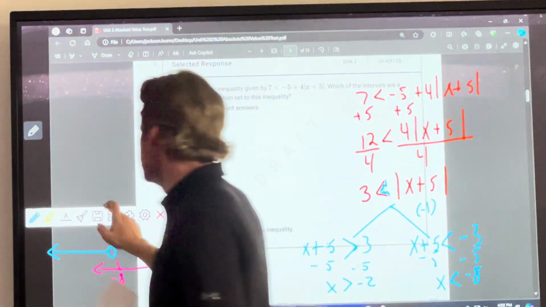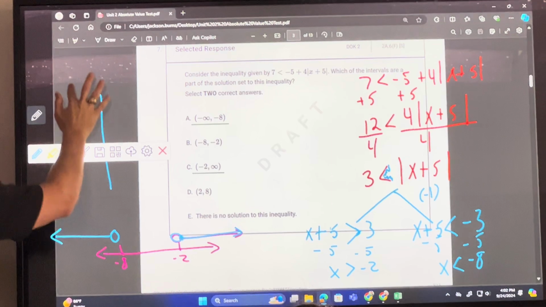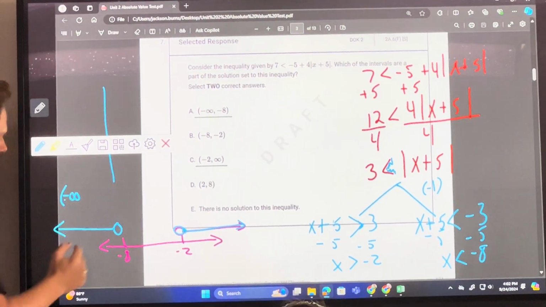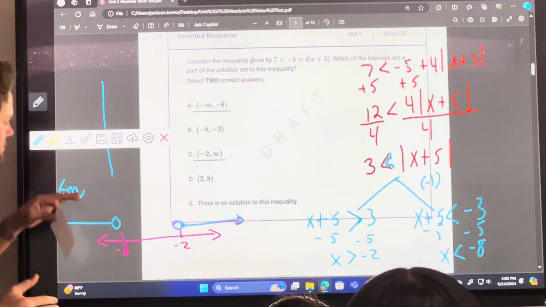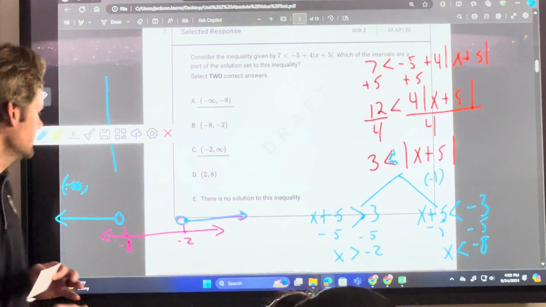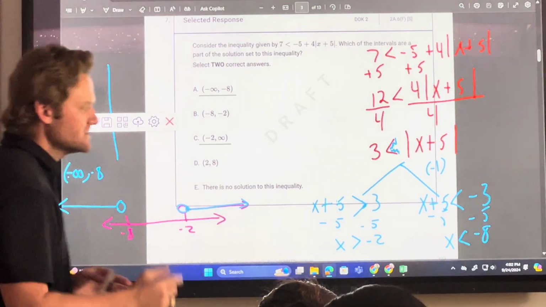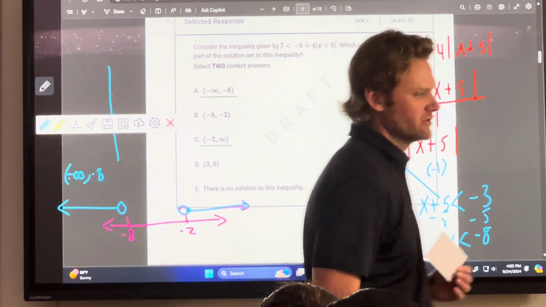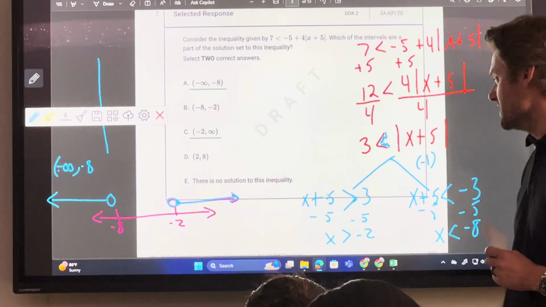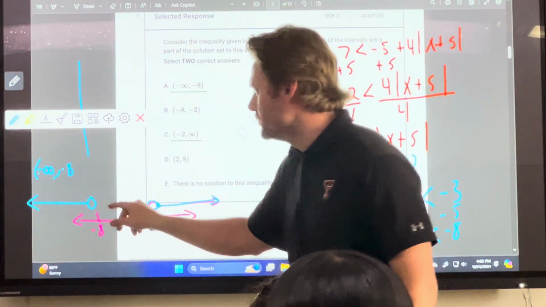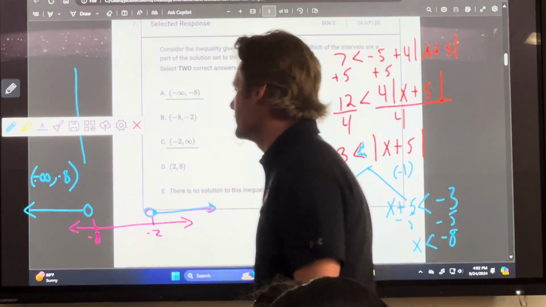So how would I write this interval over here? Well, I start over here at -infinity. Remember, I always use parentheses with infinity, and when I get to the -8, that's when my open or closed circle comes in. Since it was just less than, it wasn't equal to, it's an open circle, so I have my parentheses.